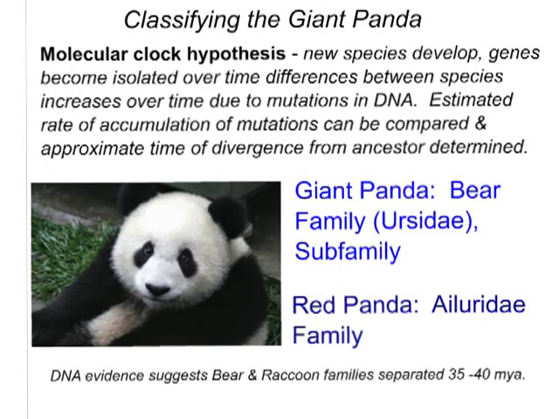The red panda has actually received its own family, and is no longer combined with the raccoon family either. So there's DNA evidence to suggest that the bear and raccoon families separated about 35 to 40 million years ago. So there is still not total agreement, but this is the new theory, the new hypothesis based on the molecular clock hypothesis, and we'll see what happens in the future.